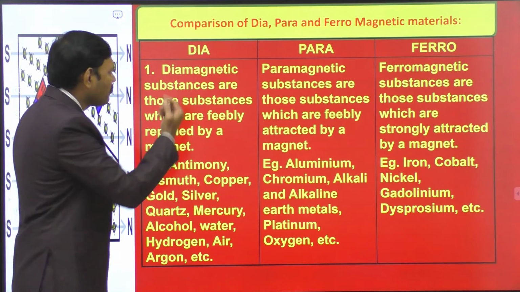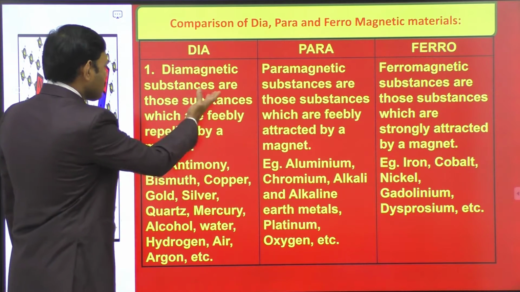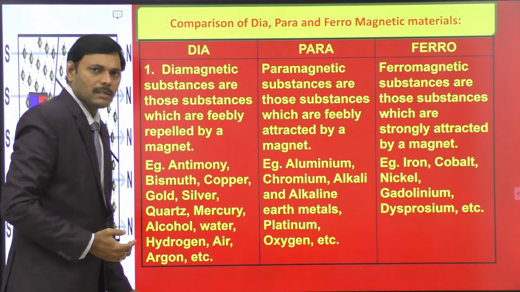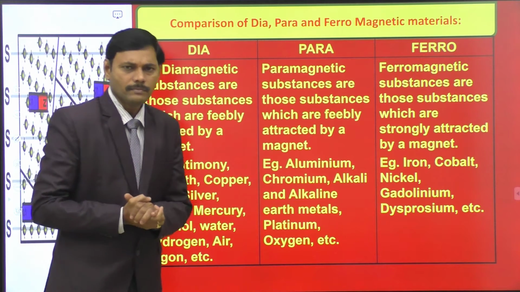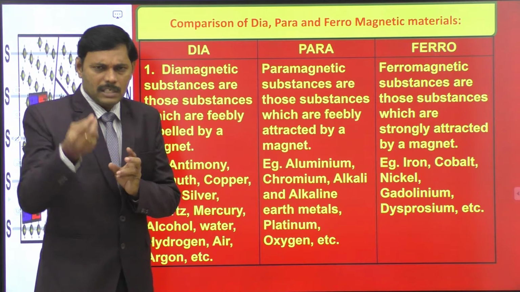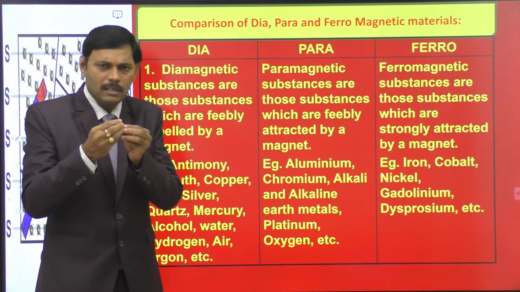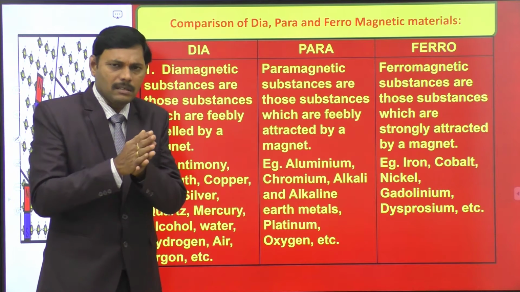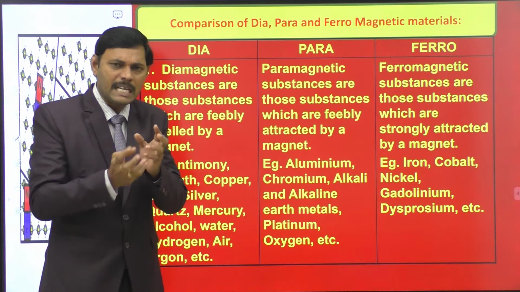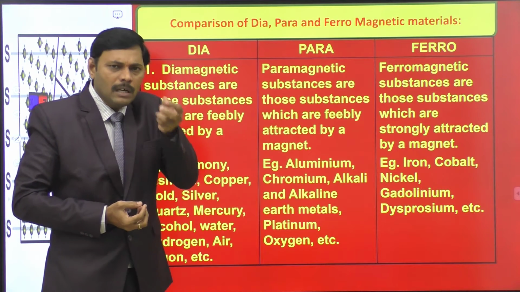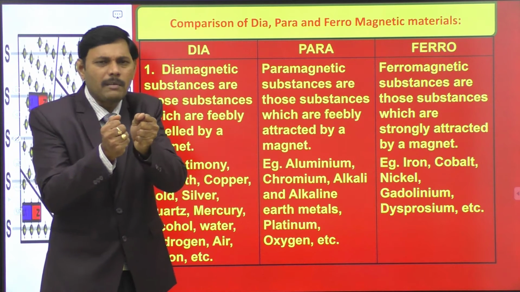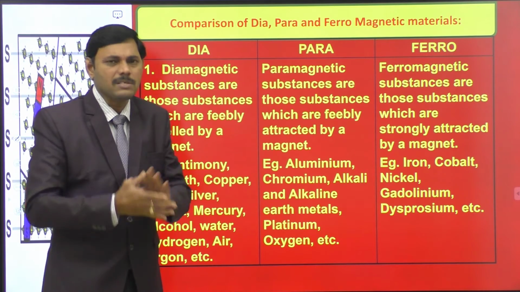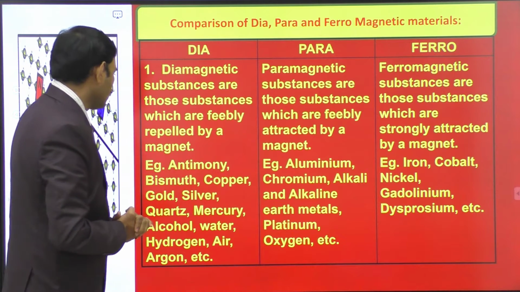So this is the definition. Diamagnetic substances are those substances which are feebly repelled by magnets. If you have a permanent magnet, then the substances which are feebly, lightly repelled by the magnet, when you move any substance nearer to a permanent magnet, if it is repelled feebly by the magnet, such substances are diamagnetic substances.